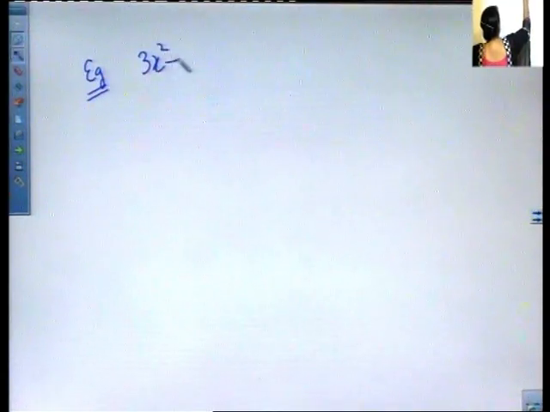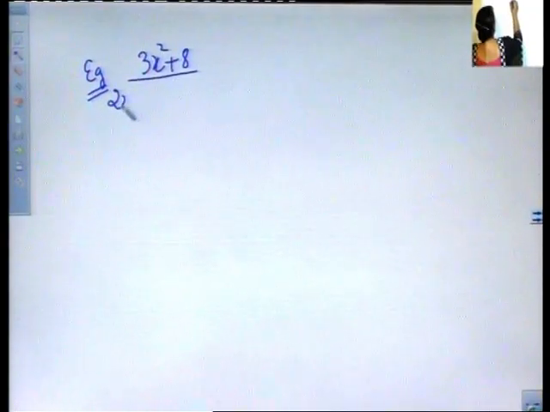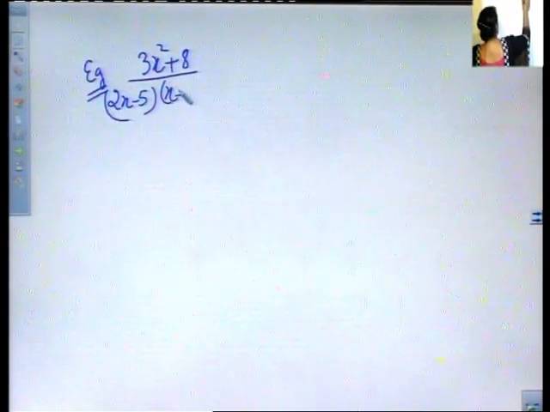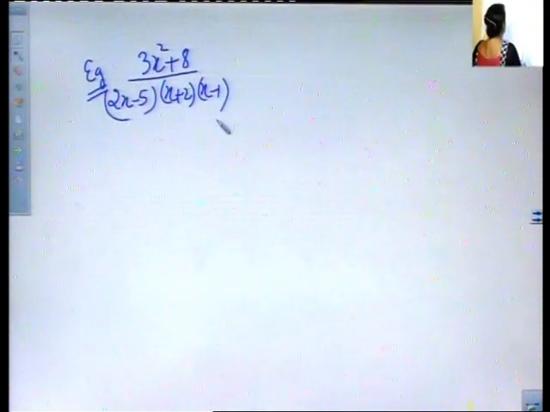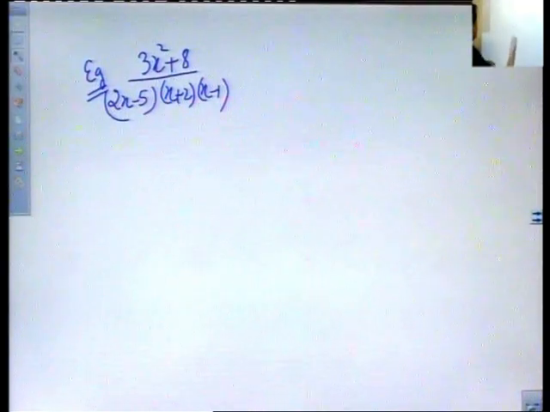Now next example, resolve into partial fractions the expression 3x square plus 8 upon 2x minus 5 into x plus 2 into x minus 1. Now in the denominator we have 3 factors and this is a proper fraction.